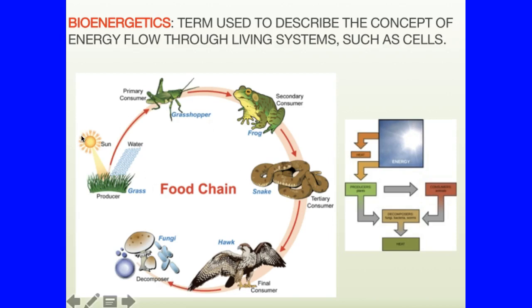We have the light energy from the sun coming onto the producers. The producers are releasing, like we said, the glucose molecule, and then this primary consumer eats the grass. Then that primary consumer gets eaten by the secondary consumer, and it goes on and on. But each time that energy is transferred from one form to another, like I said, a little bit always gets lost as heat energy.